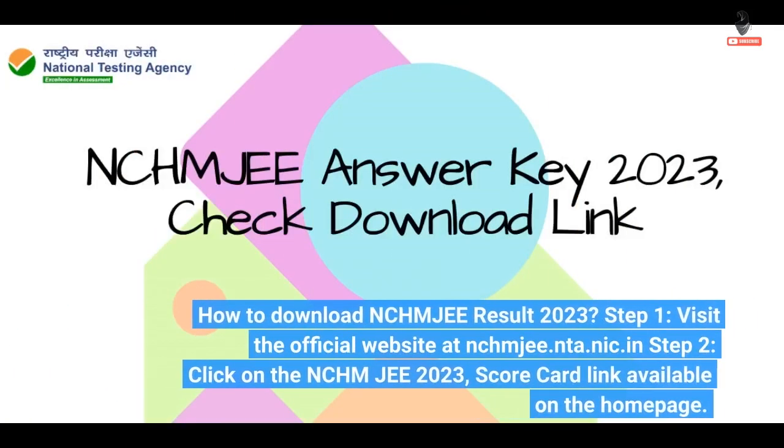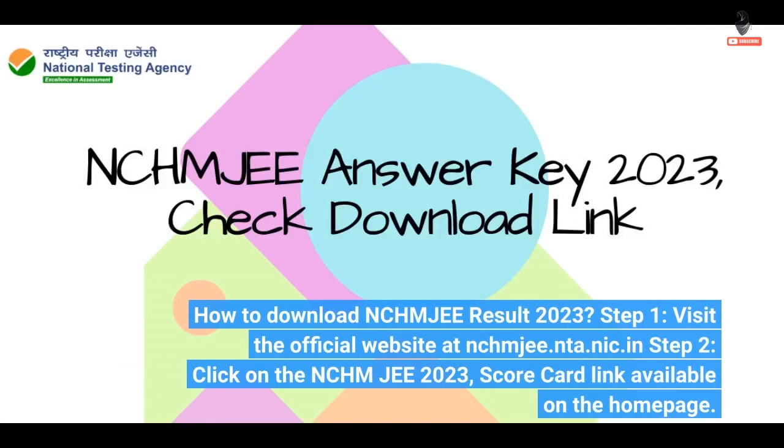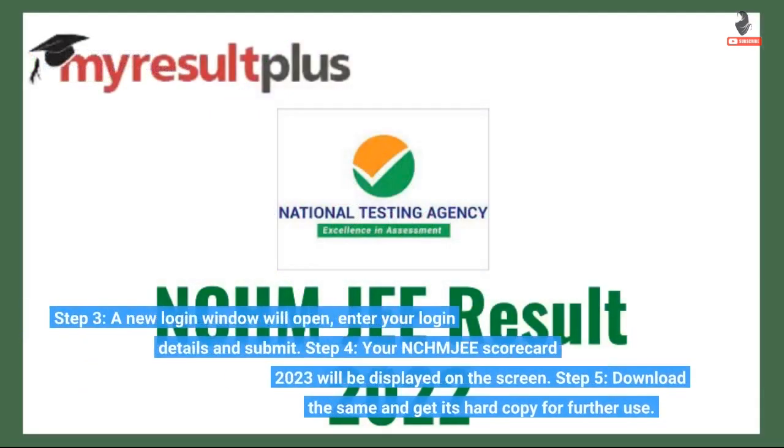How to download NCHM JEE Result 2023? Step 1. Visit the official website at nchmjee.nic.in. Step 2, click on the NCHM JEE 2023 scorecard link available on the home page. Step 3.